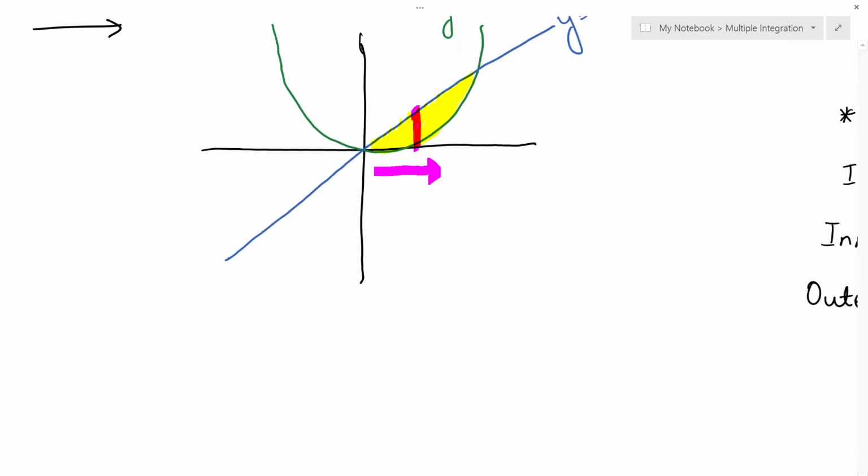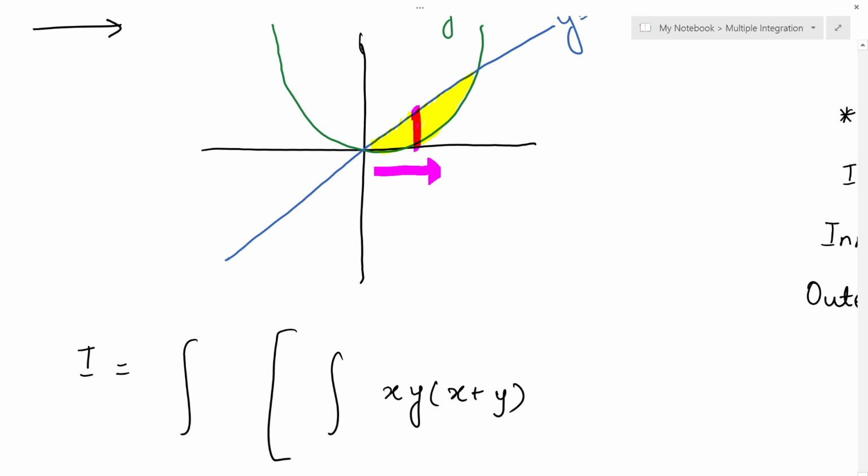Fine. So what I need to know about this is you have two integrations and your integrand is x plus y, whatever it is. Strip is parallel to y-axis, so integrate with respect to y first. This is what I have noted. And the inner limits will be y is equal to something and this will be x is equal to something.